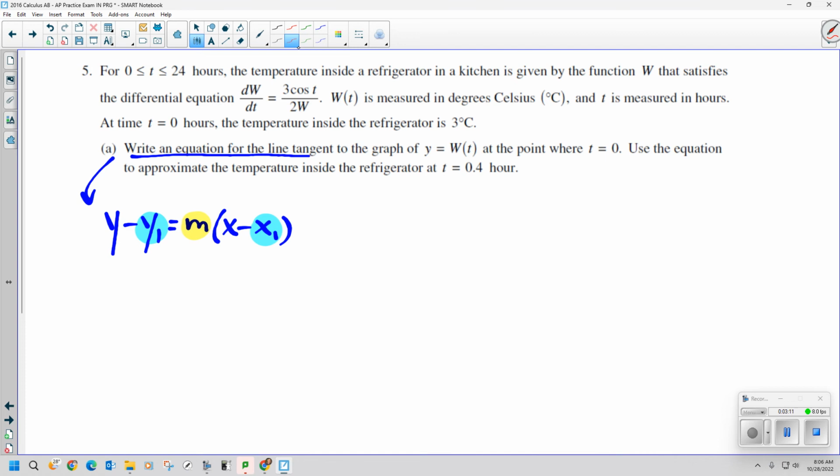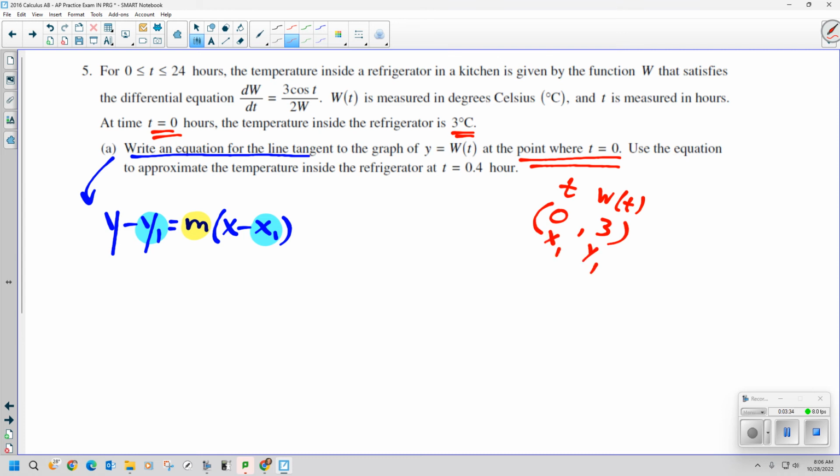Okay, where's our x and y? At this point where time is 0, that's where I want the equation. Well, at time 0, the temperature is 3. So at time 0, my temperature is 3. That's our coordinate, our x1 and our y1.